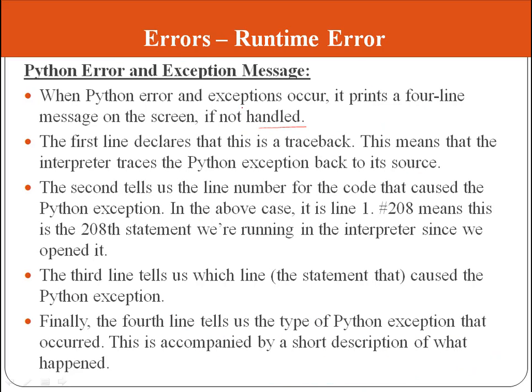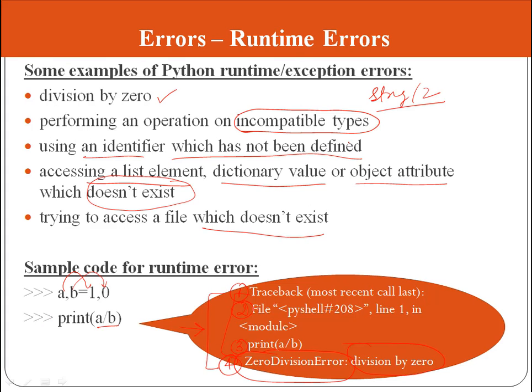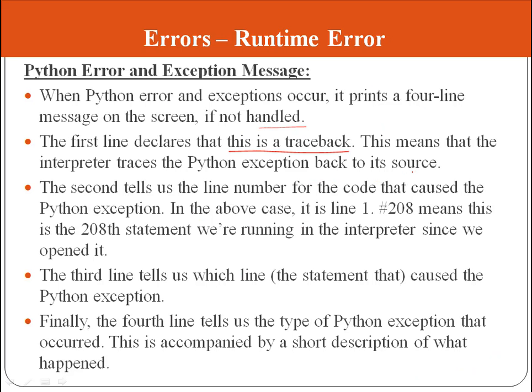The first line declares that this is a traceback. This means that the interpreter traces the Python exception back to its source, so it will inform you of the whole route. The second line tells us the line number of the code that caused the Python exception.